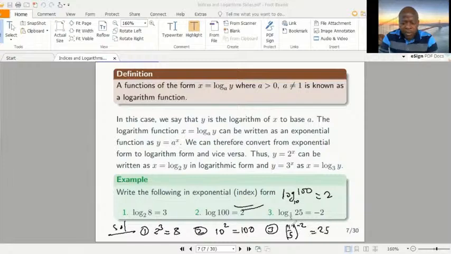Now, when you write this as 5 raised to 2, so that the power is positive, you would find that 5 raised to 2 is 25. We've done this one before. Although you can leave it at this point, there's no harm in simplifying further.